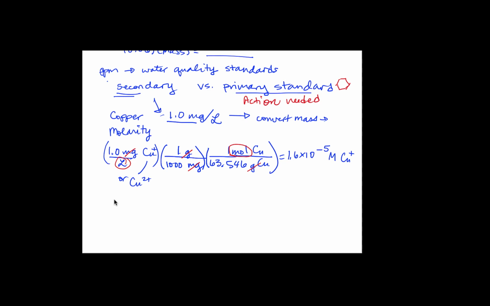So here's where we start talking about some approximations. If we're talking about 1 milligram per liter, this is 1 milligram of copper per 1 liter of solution. And we're assuming that this solution is mainly water.